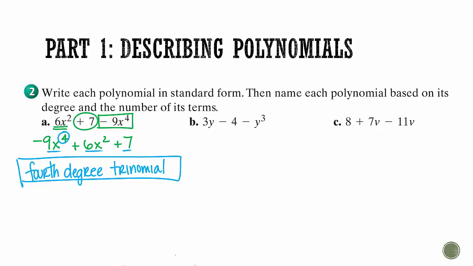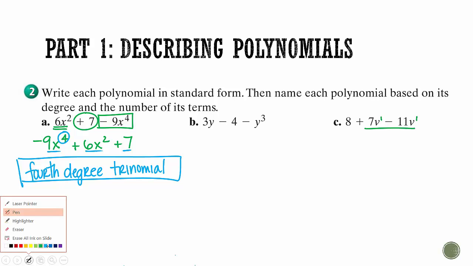Let's try C. So when I'm looking at C, this has a 0, this has a 1, and this also has a 1. So we can combine like terms. So if I have 7v's minus 11v's, because they have the same exponent on the variable, all we get to do is add or subtract the numbers.